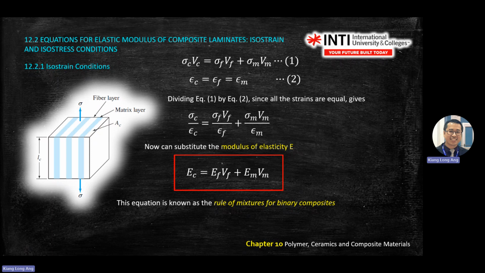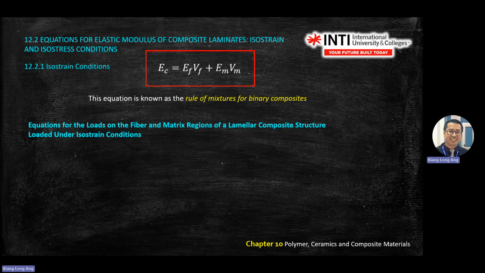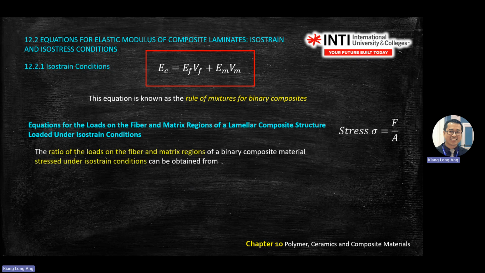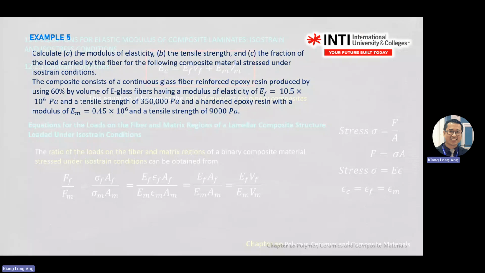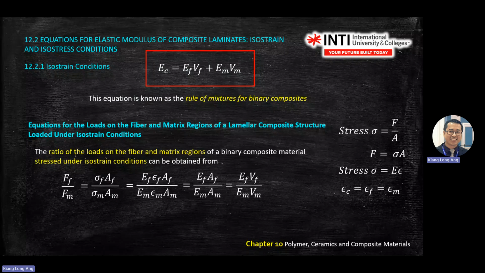Don't confuse this condition with another condition. So this one you read. By the same equation, you're using stress equal to force divided by area, and then you rearrange, you get stress equal to modulus Young multiplied by strain.